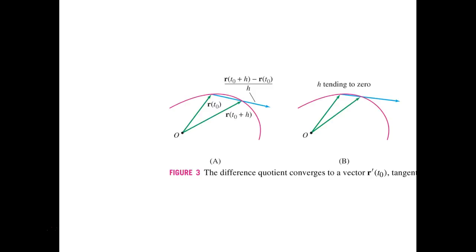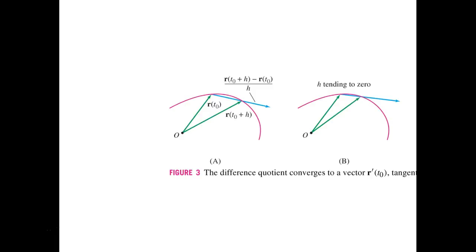Then when you divide that by h, it scales it up. Because this would be the difference. Dividing by a small number h is going to be extending that. Okay? Then, when you let your h get smaller, then that is going to bring this vector up here, and that's going to be still in that direction.